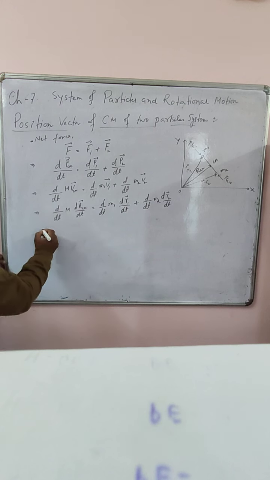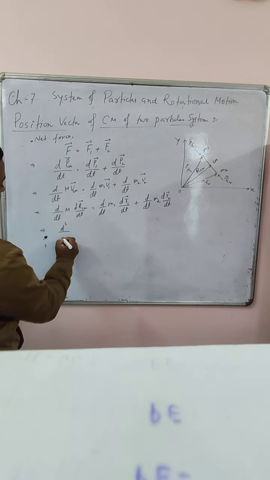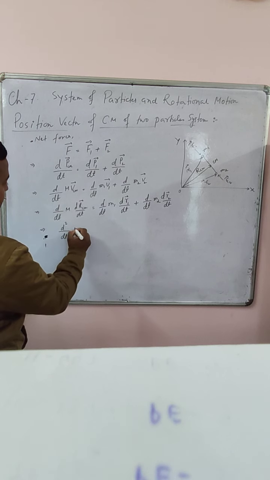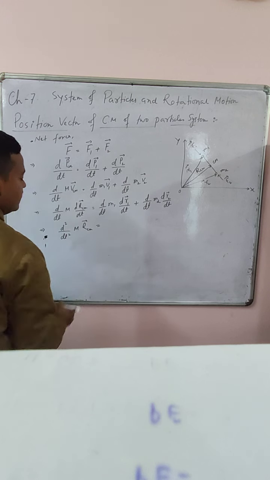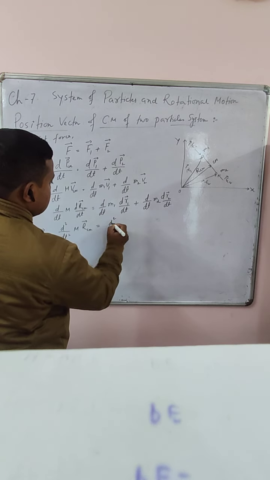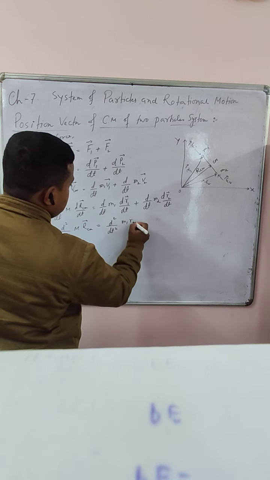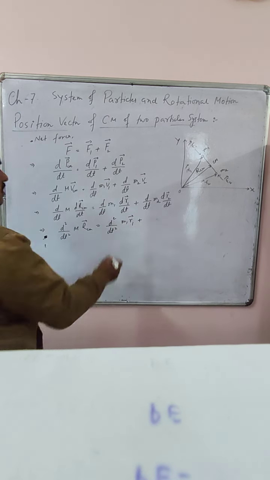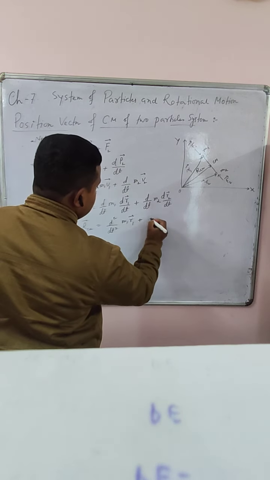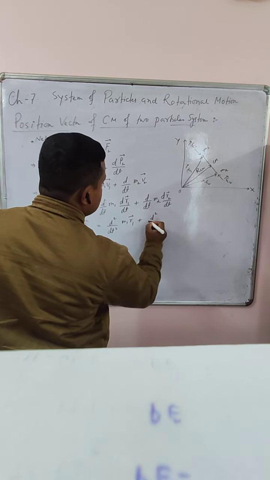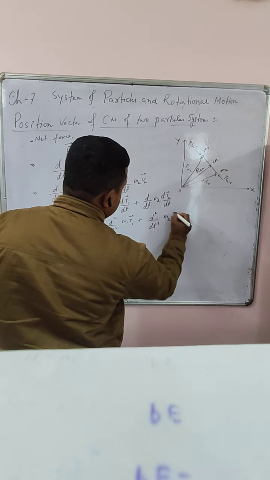Then this you can write as d square by dt square of m RCM, and d square by dt square of m1 r1 plus d square by dt square of m2 r2. Just follow the steps, derivation is not important for us. At the end, you just remember the formula.